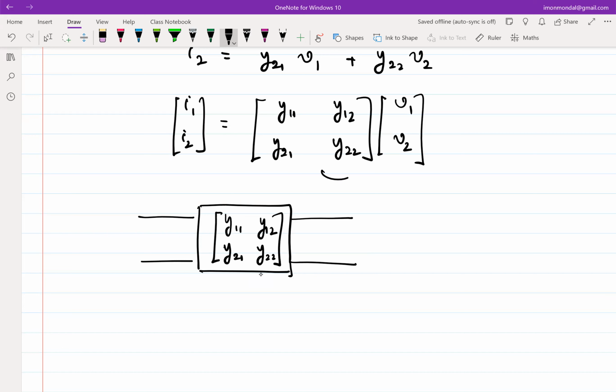By the way, this is important, so I should write it down. So this is the incremental y parameter matrix.